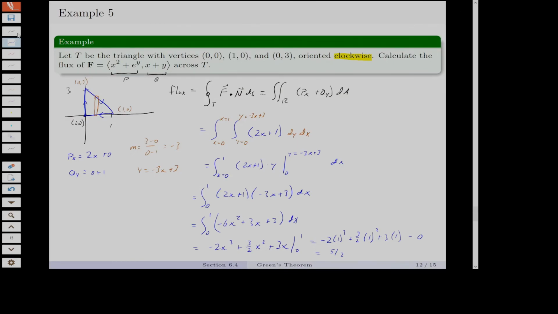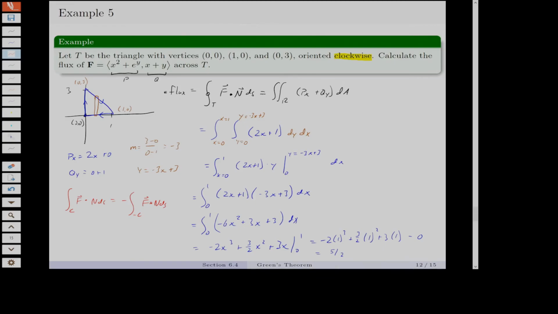So what we want to do is remember the integral over C of whatever we like is the opposite of the integral over -C. So if I want to traverse it backwards, I just throw a negative on it.